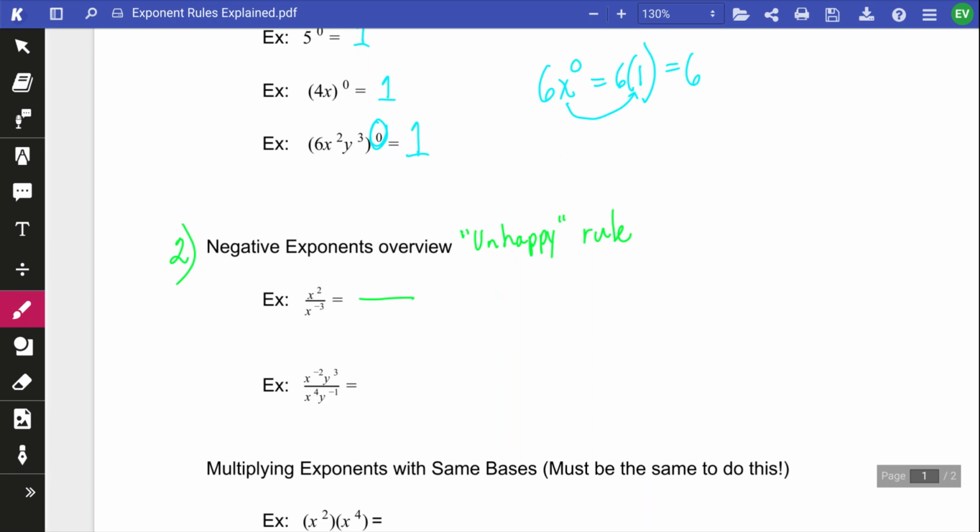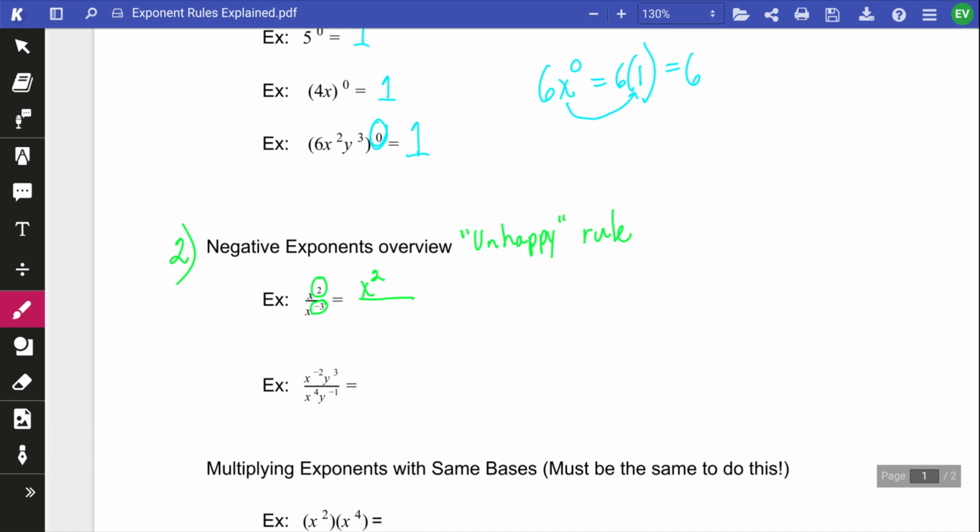In the numerator, the 2 is positive, so we're going to leave our x to the second power in the top because it's happy in the top. Positive power means it's happy, so leave it where it is. In the denominator, we have a negative third power. That tells me that particular number is unhappy in the denominator.